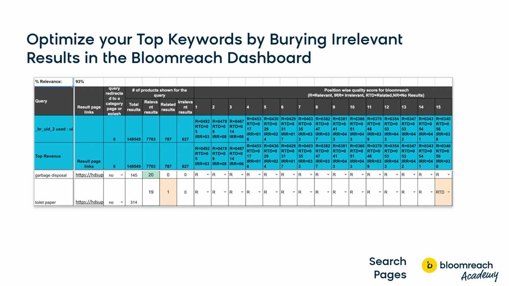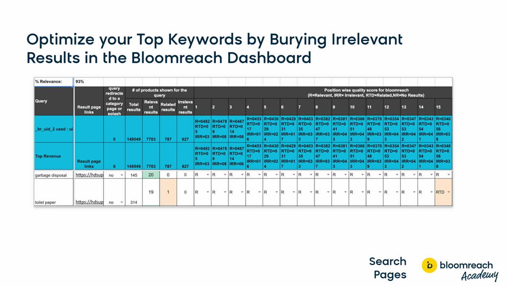So based on data that we have computed from other customers in your vertical and what products are deemed relevant for a particular query, they assign a score to each product that's returned in the top 20 results for a query. And then we use something called a positional score overall to compute what is called relevance score, right?